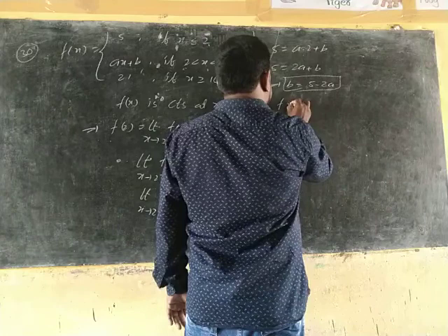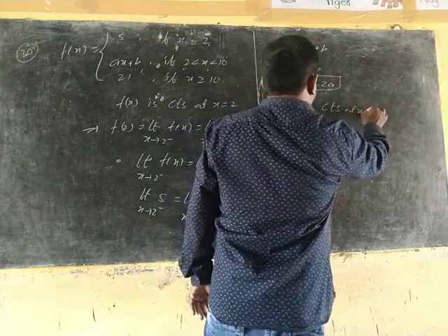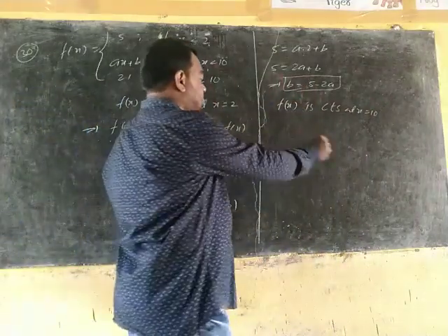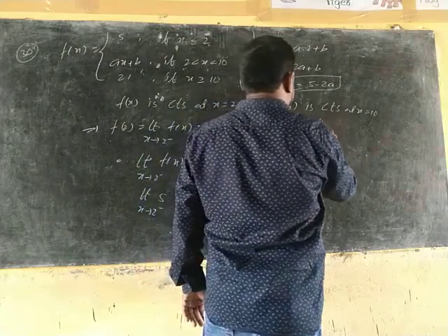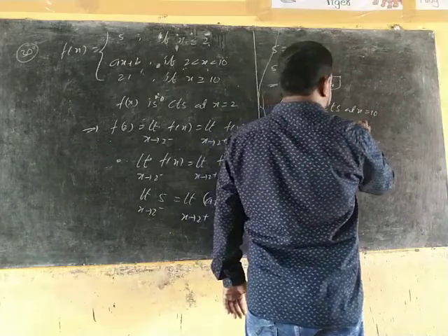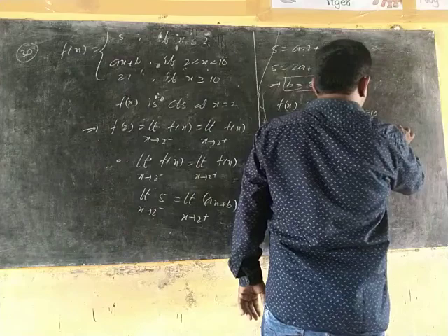Next, f of x is continuous at x equals 10 also. So by the definition of continuity, what are we writing? f of 10 equals limit x tends to 10 minus of f of x equals limit x tends to 10 plus of f of x.